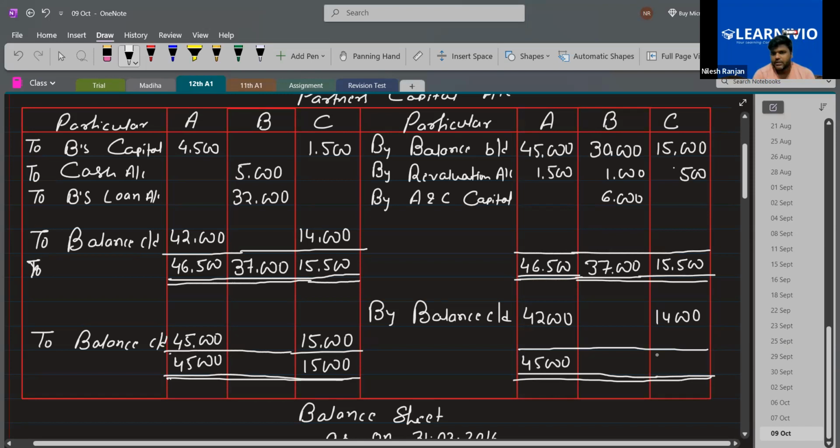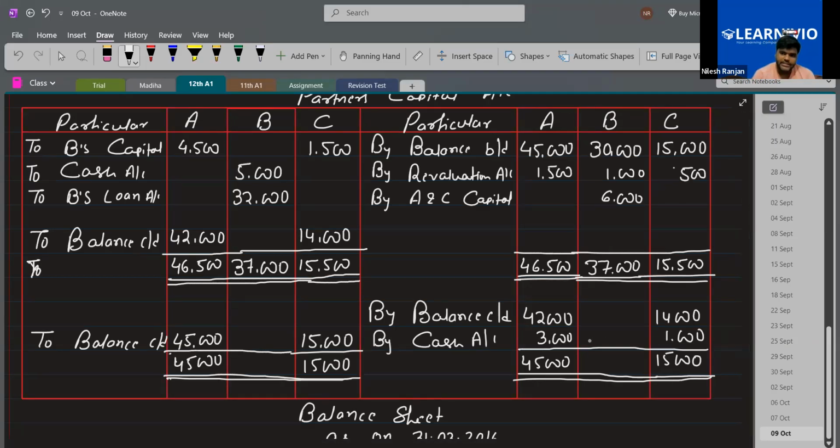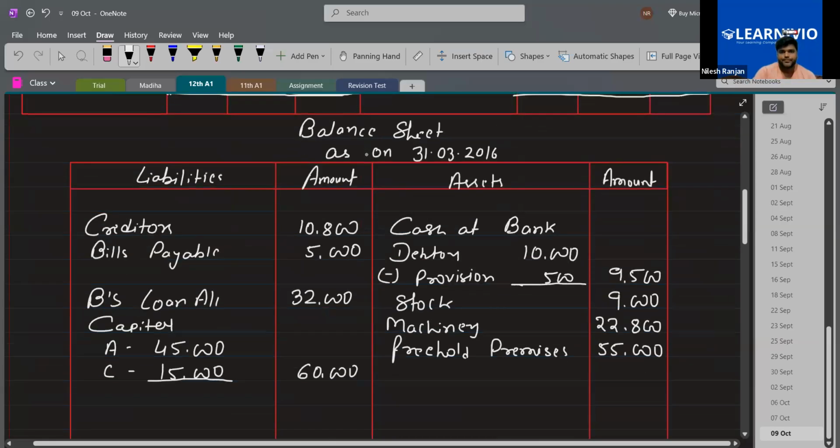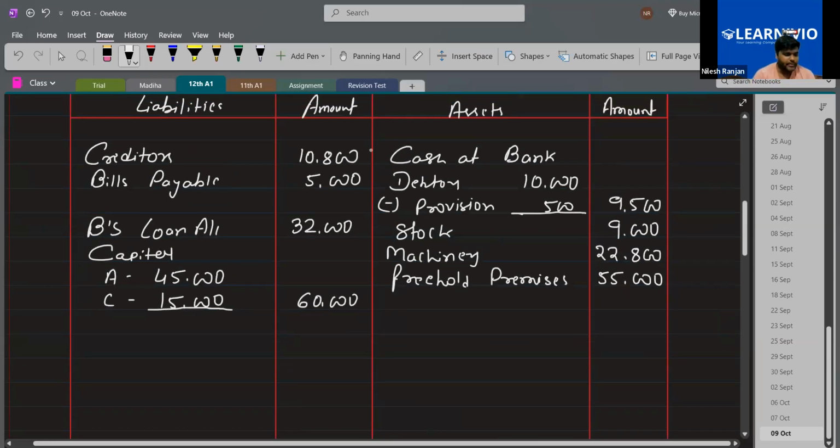So 3,000 and 1,000 by cash. So they brought 4,000 together, 3,000 by A and 1,000 by C. There is a cash withdrawal of 5,000 by B. So cash at bank balance is 13,000. We will add 4,000 here and deduct 5,000. So it will be 12,000.